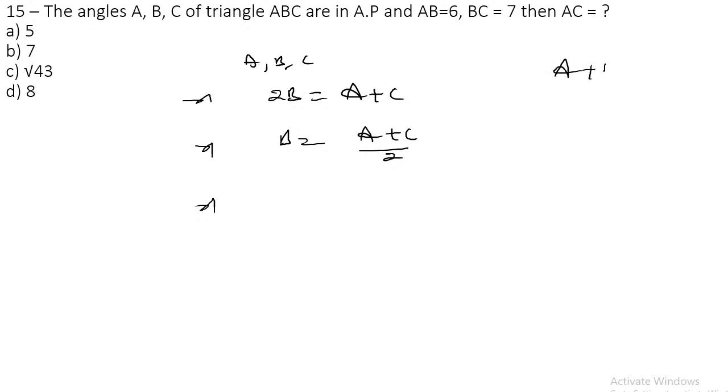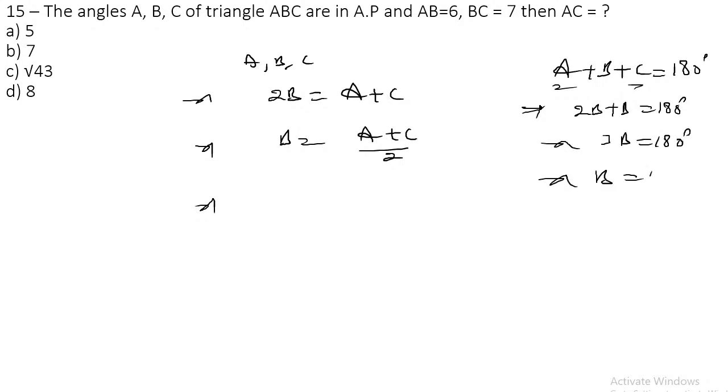And we know A plus B plus C is equal to 180 degrees. And A plus C is equal to 2B. So 2B plus B is equal to 180 degrees. And this implies 3B is equal to 180 degrees. So now B is equal to 60 degrees. So we have got angle B is equal to 60 degrees.